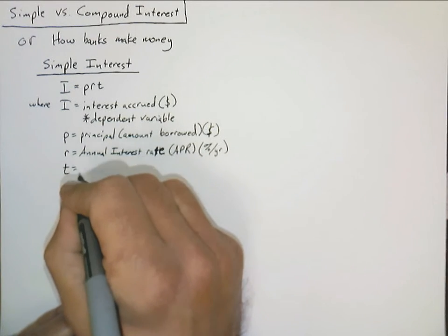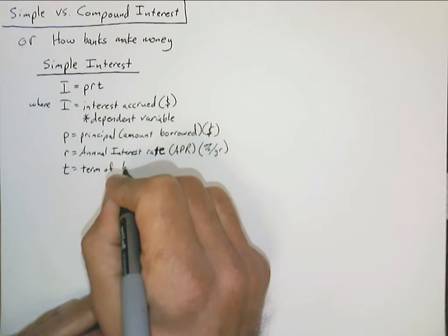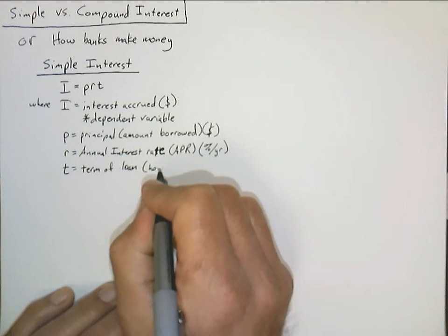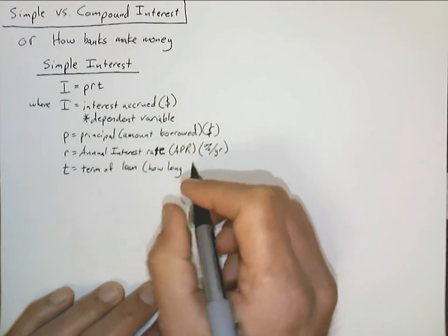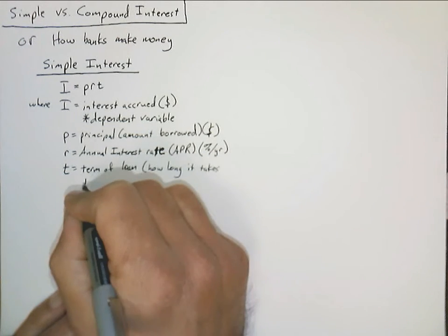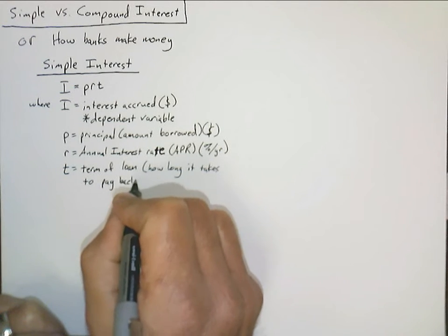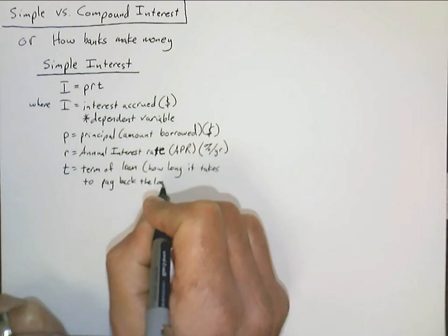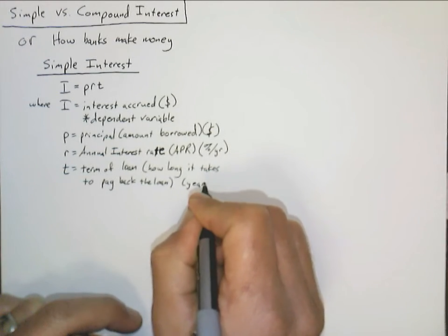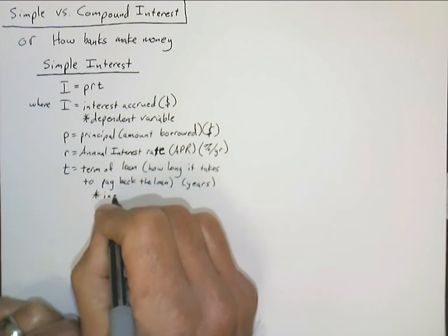T, that's what we call the term of the loan, or how long you have to pay it back. And that's going to be in years. And the bank treats this as the independent variable.